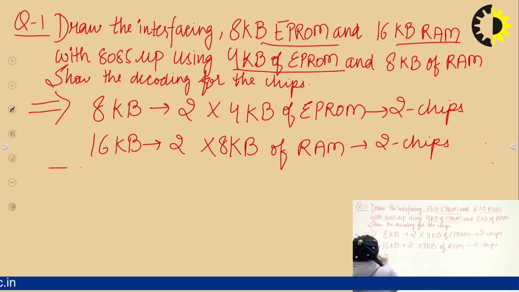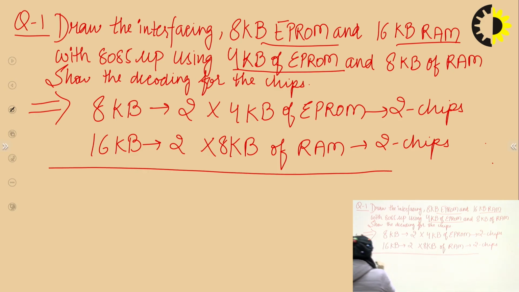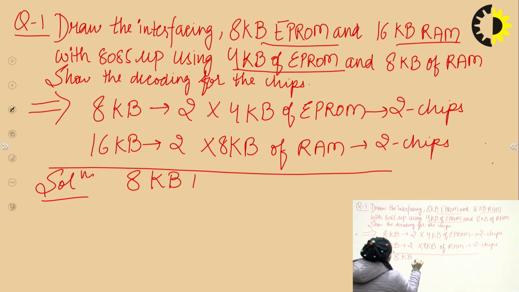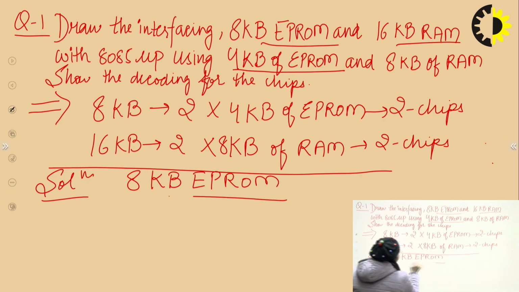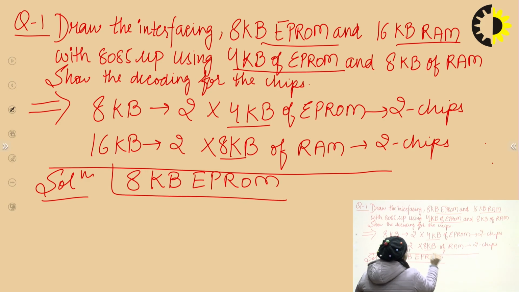So the very first thing for the solution is, for 8 KB EPROM, the number of address lines will be different for RAM and ROM, as we can see. It is 4 KB and it is 8 KB.